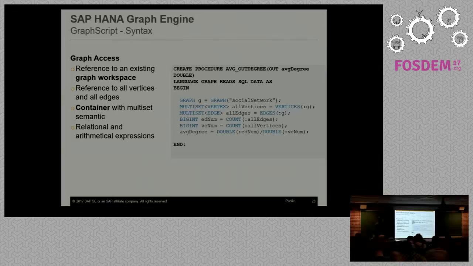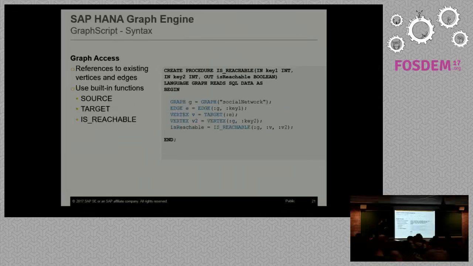A second example shows some basic constructs. So here I have three built-in functions. I slightly want to adapt an is-reachable algorithm here. In the first line, I again take my graph workspace.